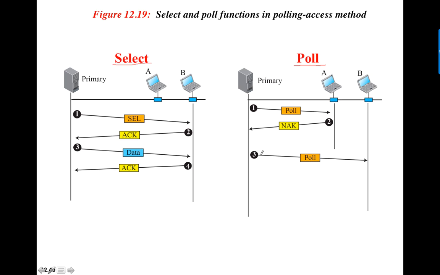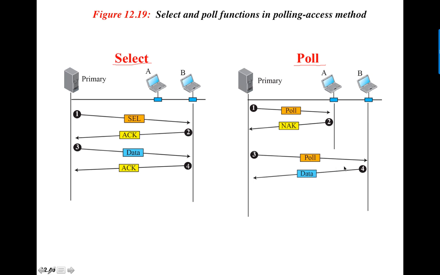Then the primary polls station B. B, do you have something to send to me? In this case, yes, B does have something. Now B will not send an acknowledgement in this case, because it will add more time to it. B has been waiting for a long time already. So instead, what will B do?